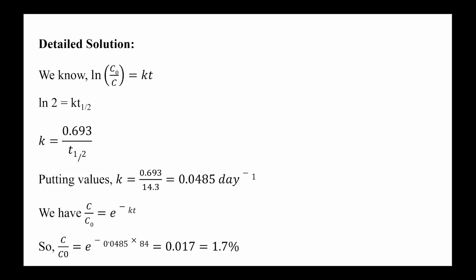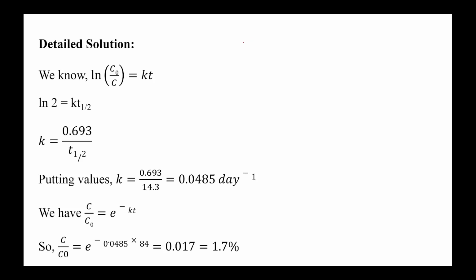Let's see how to solve this. From the rate equation of first order reaction, we know that log of initial concentration divided by the final concentration is equal to K into T, because your reaction rate is first order.